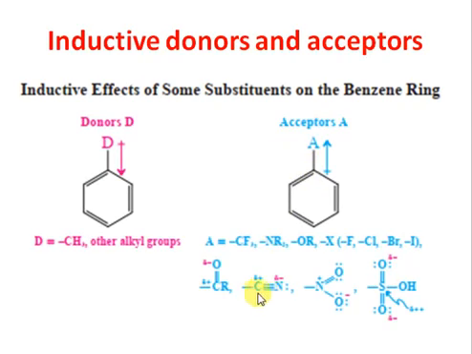Similarly, this is the cyano group, with a partially positive carbon, so if directly attached to the benzene ring, it will withdraw electronic density. Nitro is a very strong electron-withdrawing group if directly attached to the benzene ring, withdrawing by inductive effect. And this is the sulfonic acid group, which can also withdraw electronic density with respect to the inductive effect.